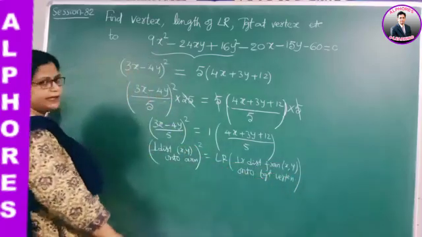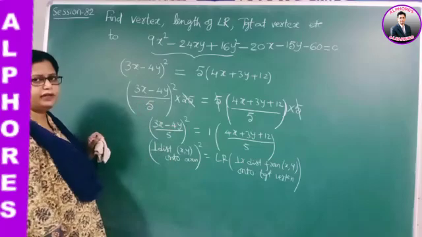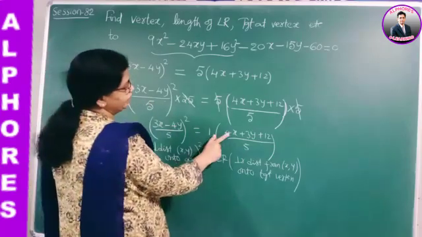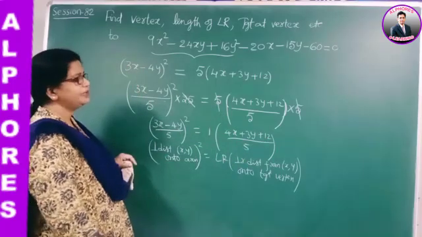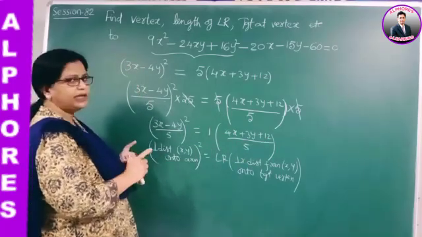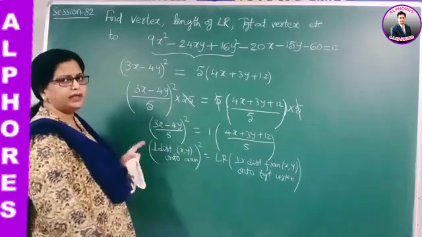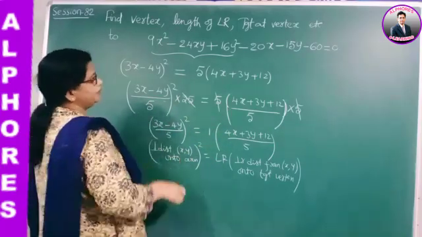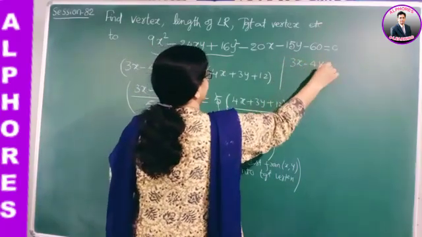Now we can decide the equation of axis: 3x minus 4y equal to 0, and the tangent at vertex equation: 4x plus 3y plus 12 is 0. Every time take care: the axis must always be perpendicular to what? The tangent at vertex.